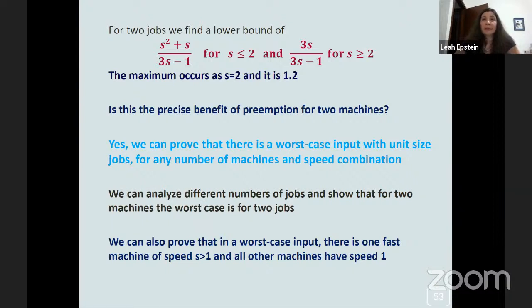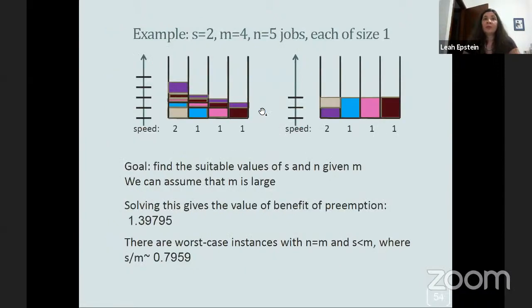And this makes things slightly easier for analysis. So this is true not only for two machines. And you can see how ugly it can get by this illustration.